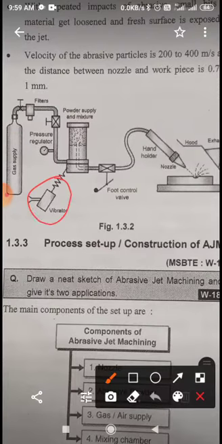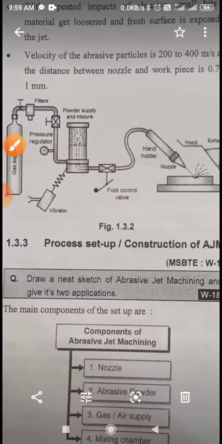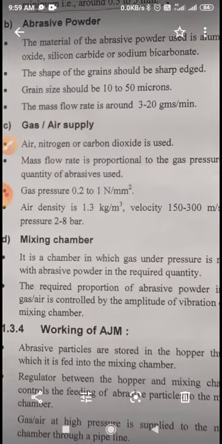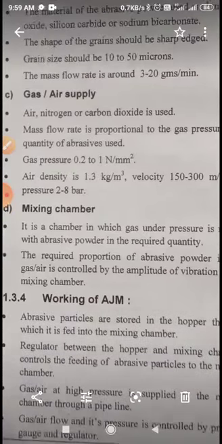This vibrator vibrates the abrasives in this chamber. Depending on the amplitude, the quantity of abrasives mixed with the air varies. If the vibrator vibrates more frequently or with larger amplitude, more abrasive will be mixed with the gas.